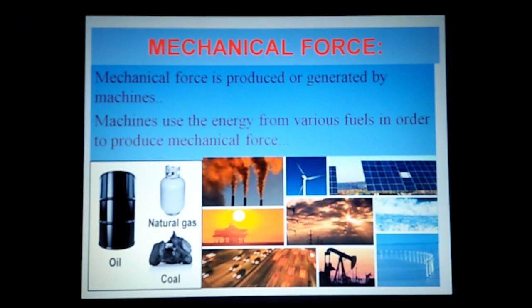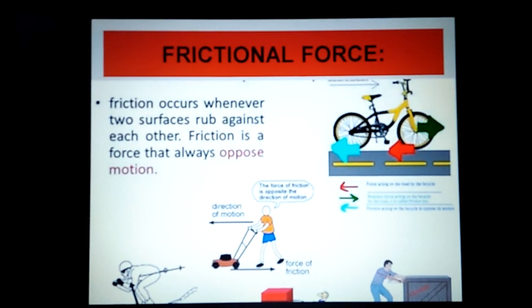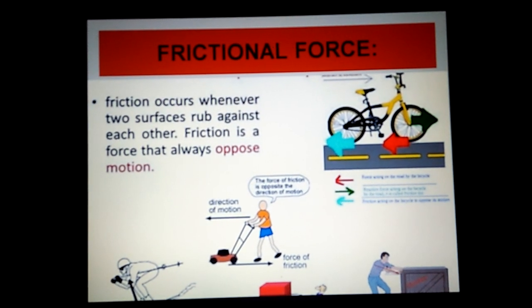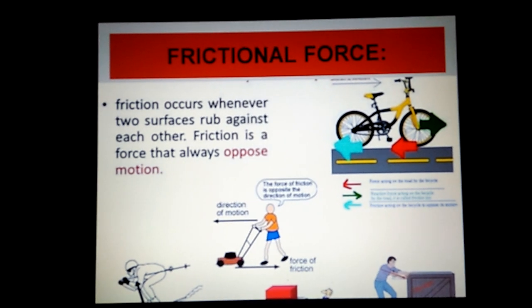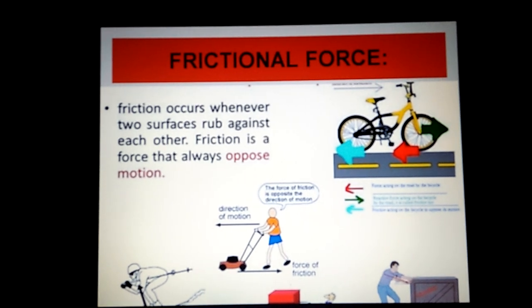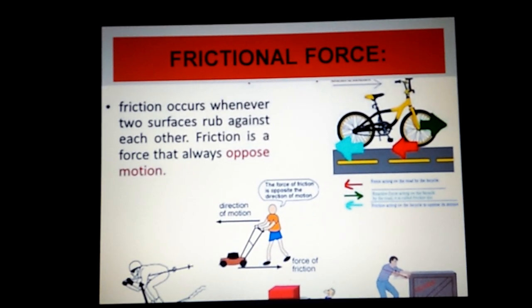Now, the third type of contact force is frictional force. What is friction? Friction is the force that opposes motion, right? It comes into play when a body tries to slide over another body. Then the friction comes into play in between these two objects.